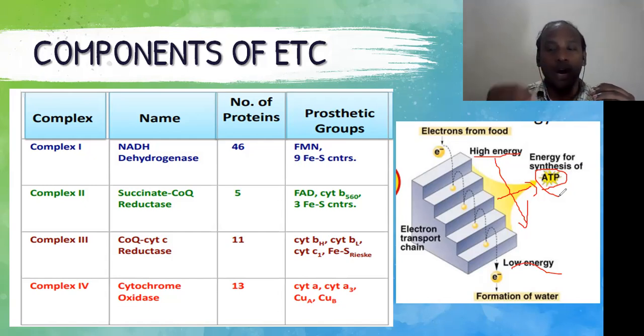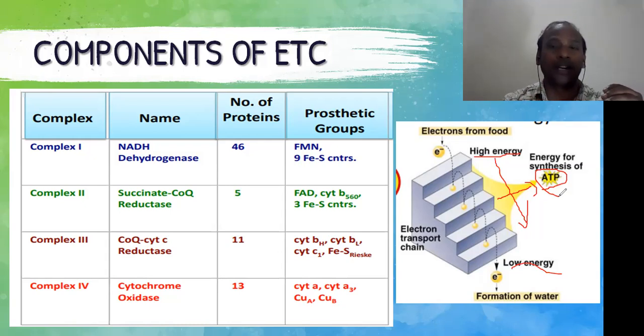When you are going down, definitely the electronegativity will increase. What do you mean by electronegativity? Electronegativity is nothing but the attraction for electrons being more. When you are going down, the attraction is more, so the electrons are slowly transferred from high energy to low energy. This is a beautiful diagram where you just imagine how this can be happening.